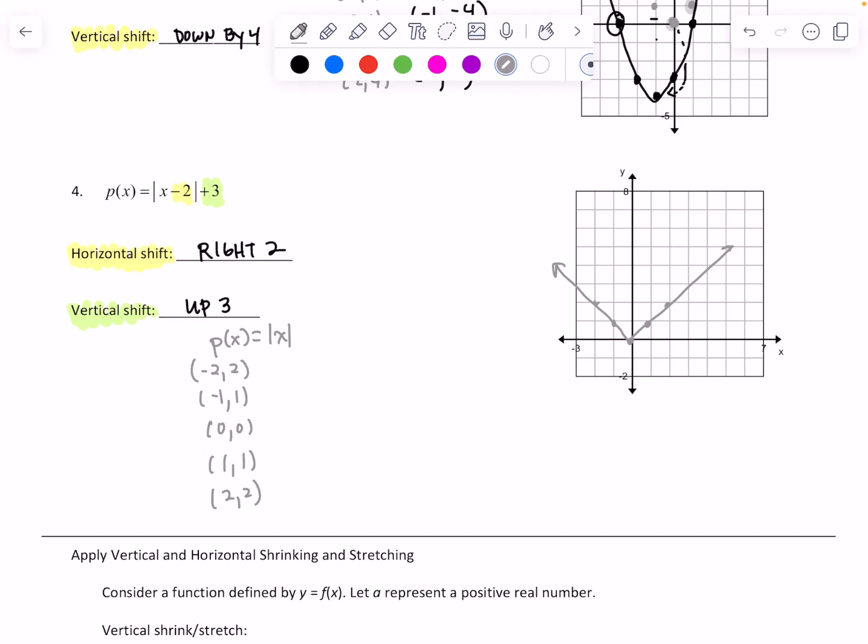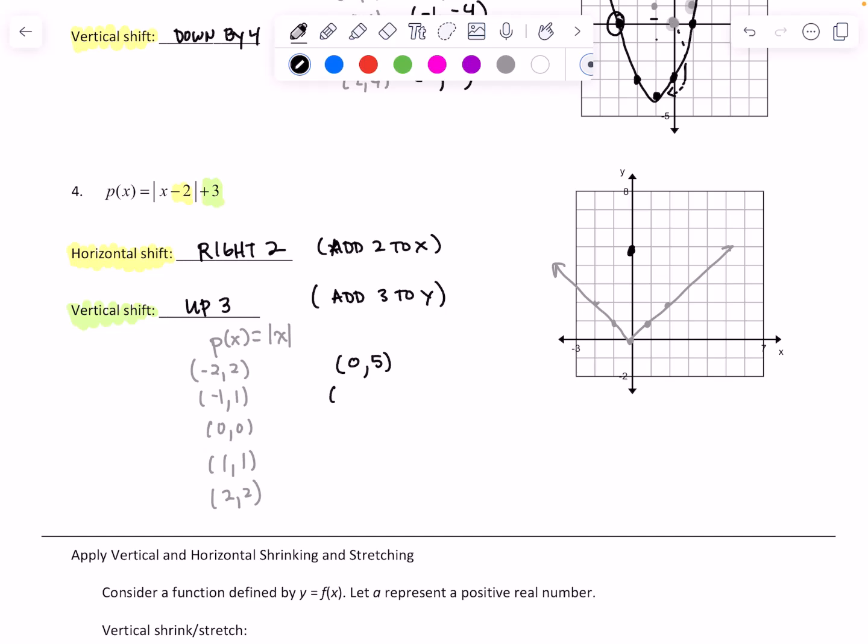All right. Now we look at our new points. Shift right by 2 means that we're going to add 2 to x. And a shift up by 3 means we're going to add 3 to y. So to get our new points, add 2 to x, so that takes me to 0, and add 3 to y, that takes me to 5. So I get the point 0, 5 right here.